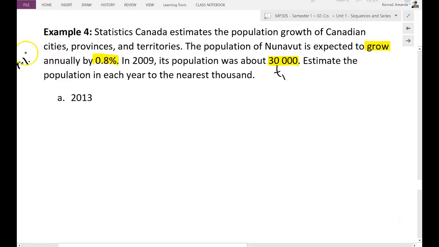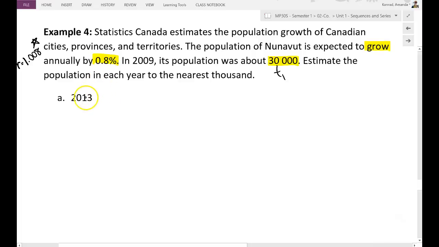Percent is also out of 100, so it's not 0.8 that we're going to be writing, it's 0.008. So that is a big one. Lots of people forget the 1. If you do that, you're going to get a super tiny number for the population, like a negative exponent in scientific notation. Tiny, tiny number. So be super careful on that one.